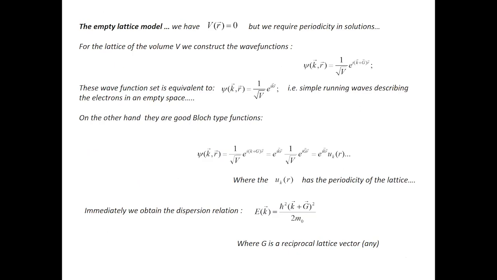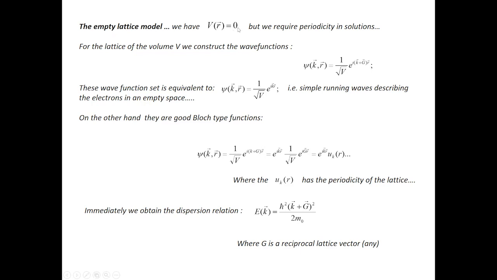Okay, and now we have this empty lattice model. I see that I really go slow. So we have this empty lattice model, in which we say that the lattice potential is still 0.